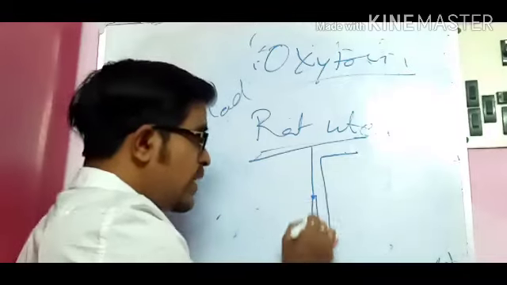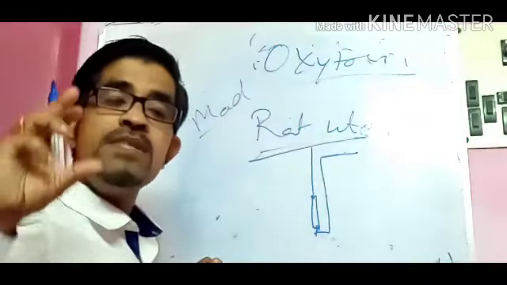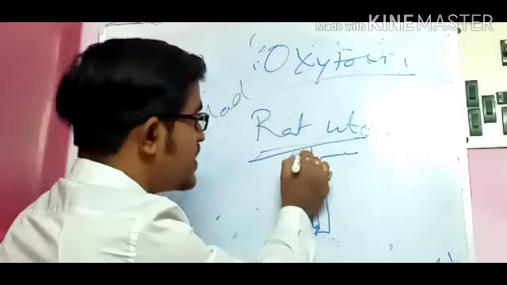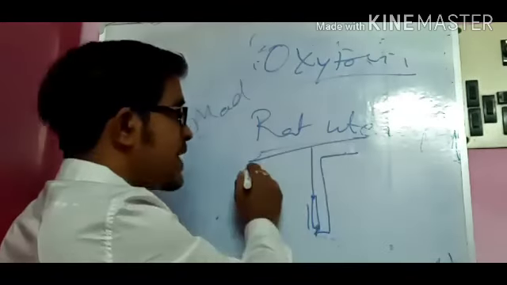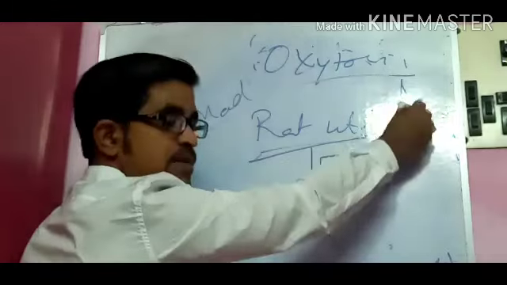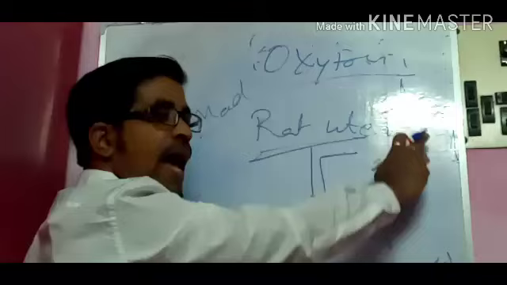If this contracts, muscle contraction means the muscle becomes shorter. If it becomes shorter, this thread will pull the lever. Whenever the thread pulls the lever, you are going to get a high peak. If the contraction is more, the peak will be high.